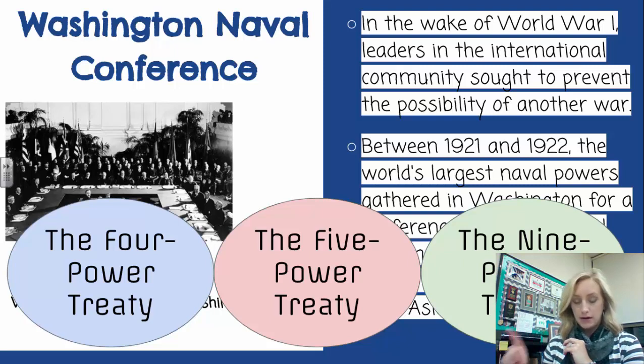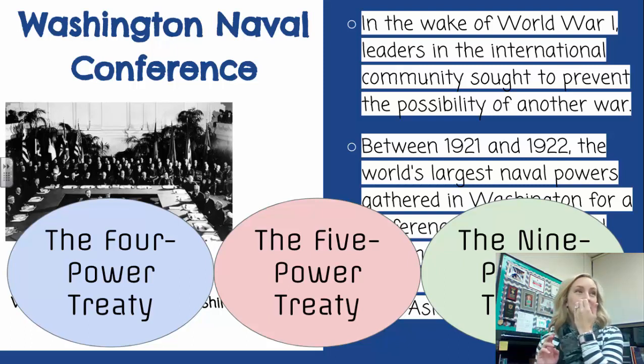And then we have the 9-power treaty. This marked the internationalization of the U.S. open door policy in China. So back in, I believe it was the first set of notes, video 1 for Unit 4, we talked about what are the open door notes. What's the open door policy? As a quick reminder, this was the U.S. saying, hey, everyone, all you European powers that are trading in China, we need to keep the market open.